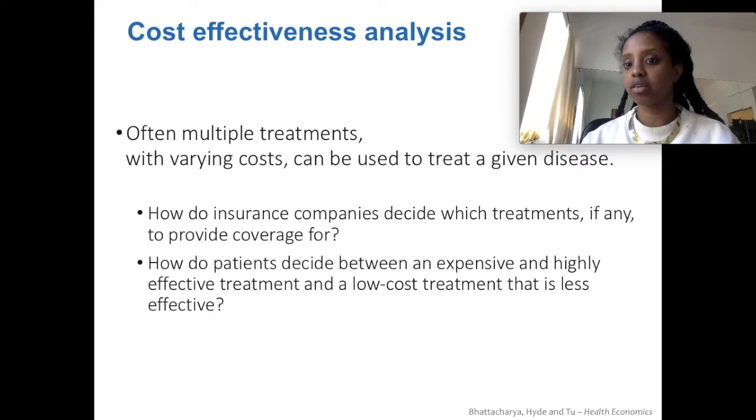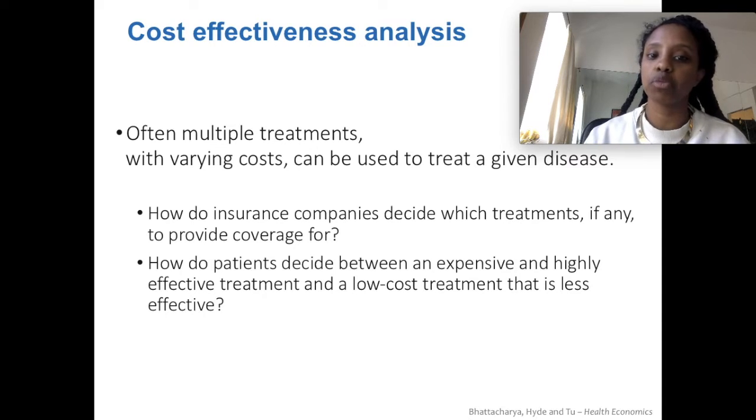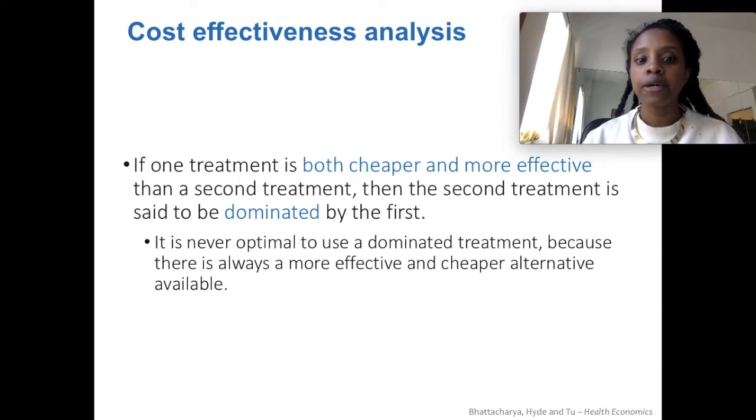Let's say different kinds of drugs that you can take for a particular sickness. And so insurance companies have to decide which treatment they're going to cover. And patients sometimes have to decide between perhaps a really expensive but very effective treatment route versus a low-cost treatment that might be less effective.